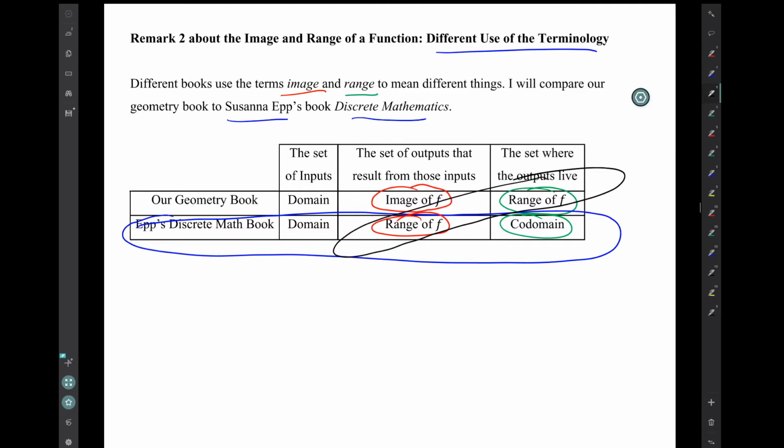So the takeaway from this is that there is no simple takeaway. Whenever you deal with these descriptions of the sets involving the outputs of a function, you have to be very careful about the terminology that you use and be aware that when you're reading something, you need to understand the terminology that the author was using.